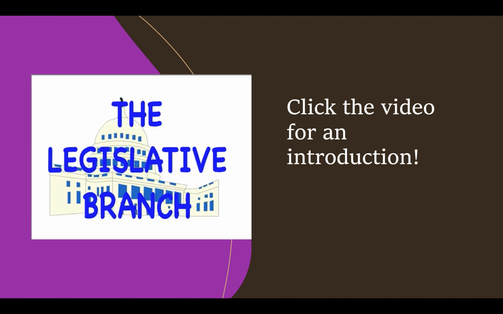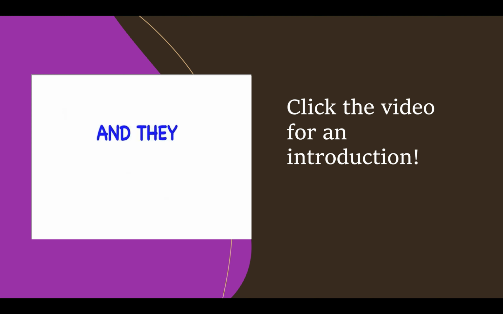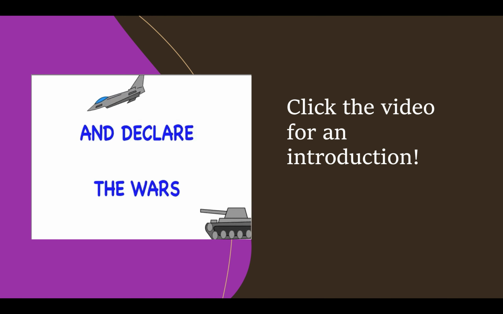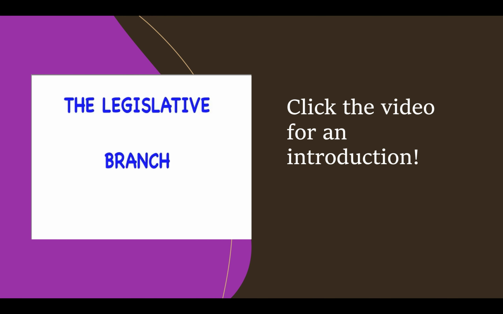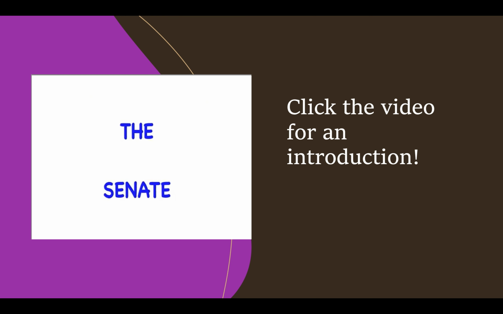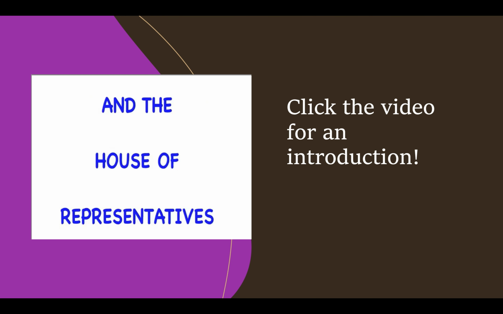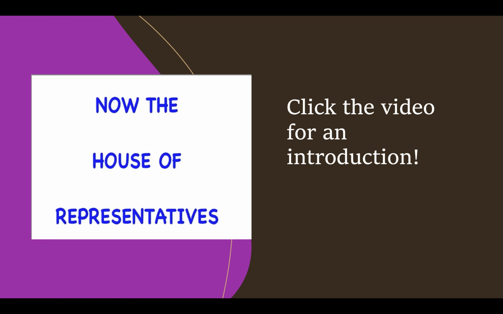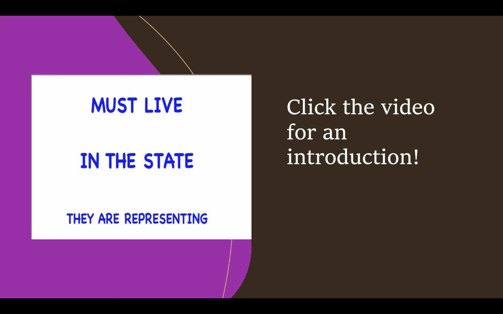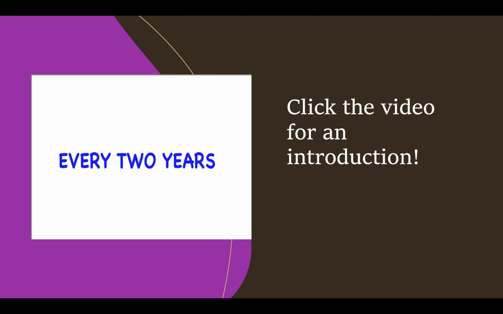The legislative branch is made up of Congress, and they make the laws, regulate commerce, tax the people, borrow money, and declare the wars. The legislative branch has two parts: the Senate and the House of Representatives. Now the House of Representatives must live in the state they are representing, elected every 2 years to fill 435 seats.